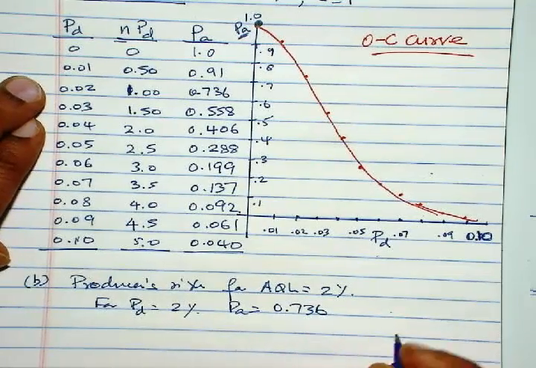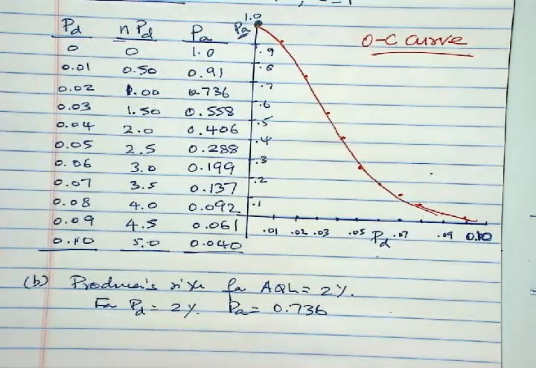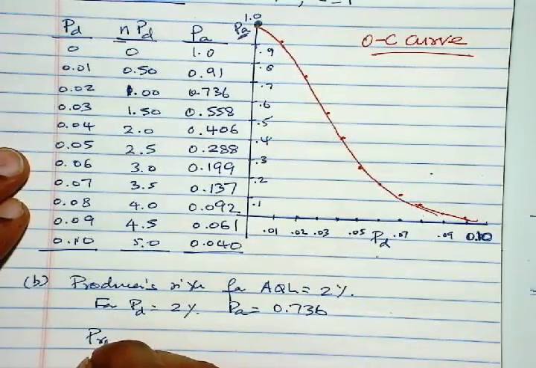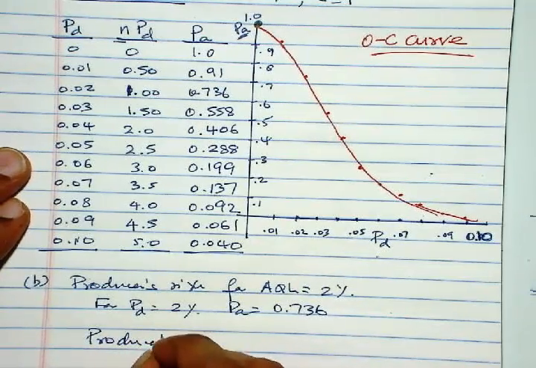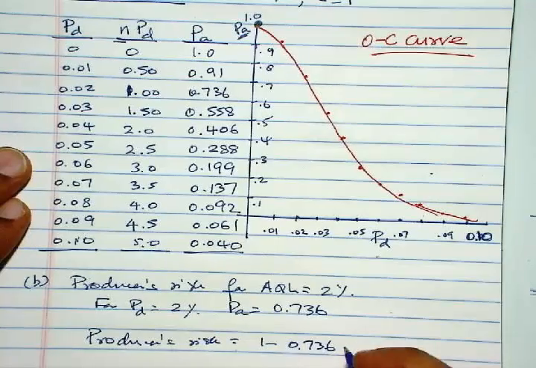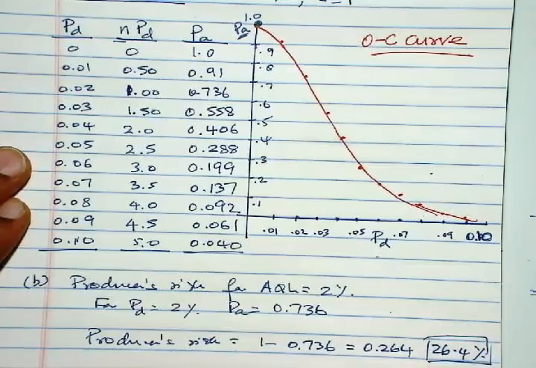Producer's risk is the probability of rejecting the lot, so we have to do 1 minus that. So producer's risk is 1 minus 0.736, and that is equal to 0.264 or 26.4%. That's the producer's risk.